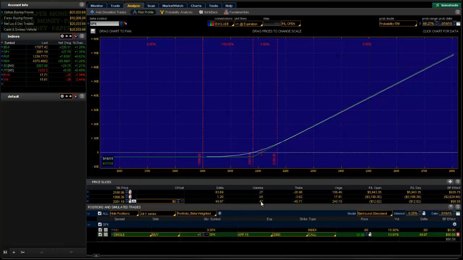Gamma is right here, and the platform defaults to this. Rho isn't even in here. Gamma is a derivative of delta, so delta and gamma are kind of cousins, and they both directly deal with price movement.